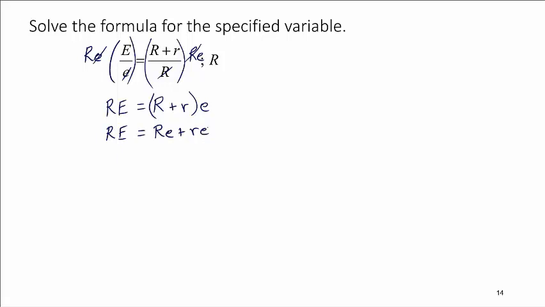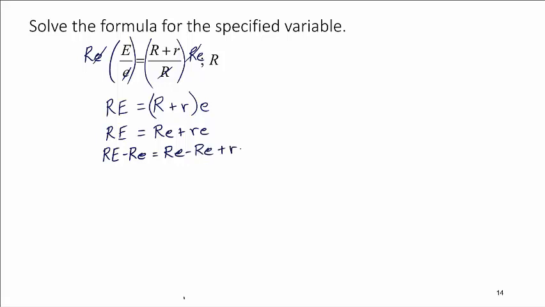Okay, now keep your eye on the ball here. We have cleared the fraction and now we're trying to solve for big R, right? So we have two terms with big R in them and I'm going to get them on one side of the equation. To do that, I'm going to subtract big R little e from both sides, pulling big R little e over to the left-hand side.